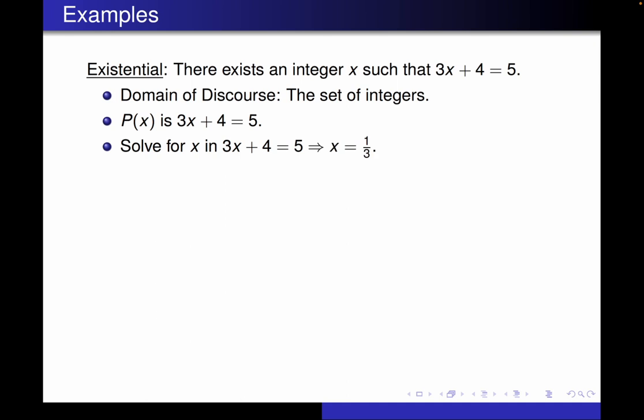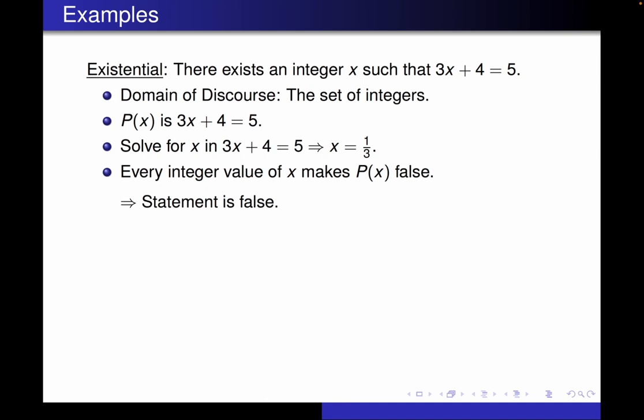If we do that, we get x = 1/3, which is definitely not an integer, which means there aren't any integers that make that equation true. So if we plug all the integers into 3x + 4 = 5, we are always going to get a false statement. So every integer value makes P of x false, which means our statement is false.